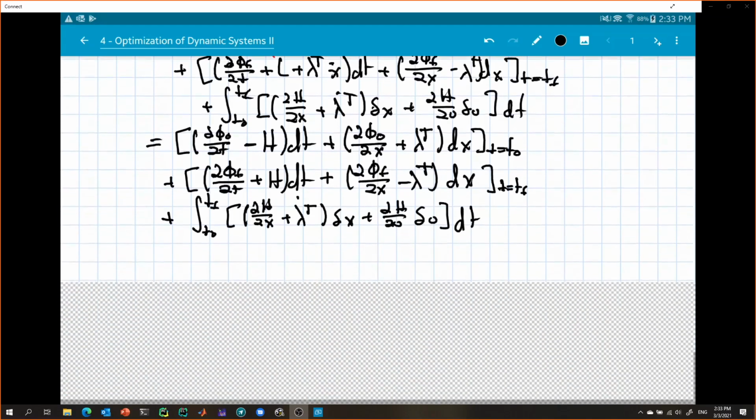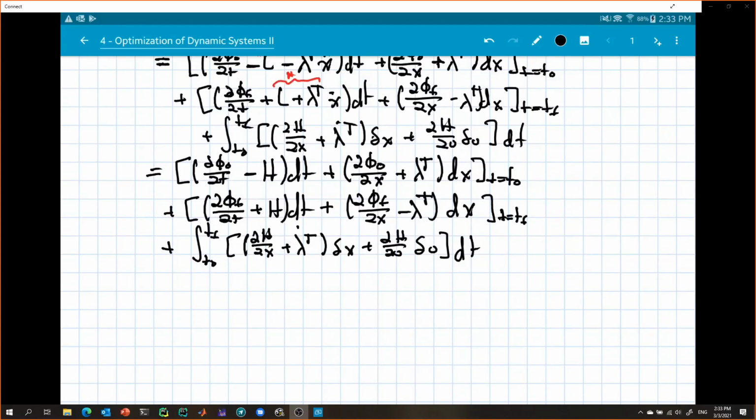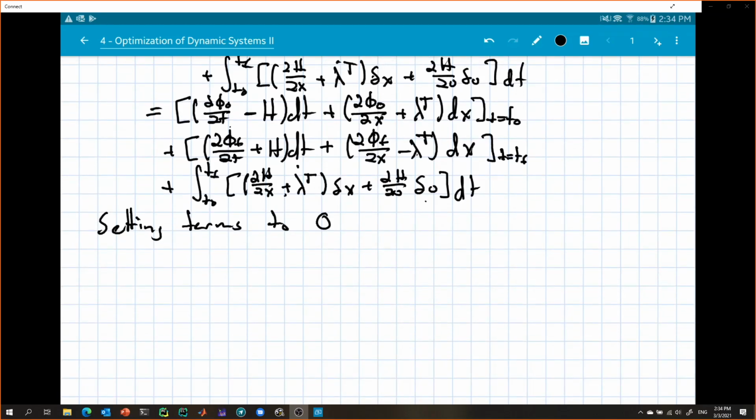Okay, and then now we have the fun game of setting every term to 0. So we set this to 0, this to 0, this to 0, this to 0, this to 0, and that to 0. And we get necessary conditions. So from this first one right here, we get lambda dot transpose is equal to the partial derivative of the Hamiltonian with respect to x.